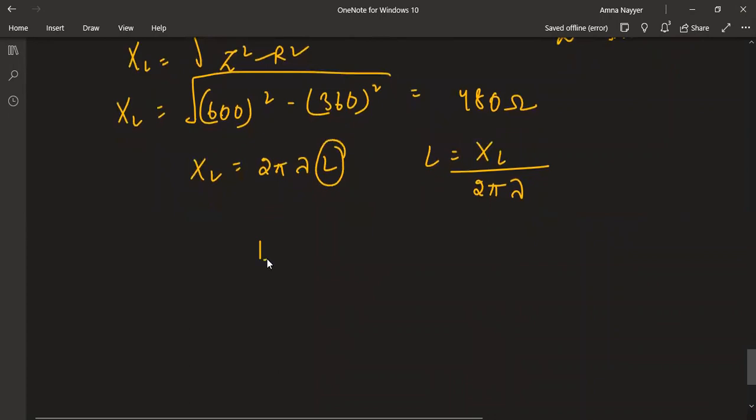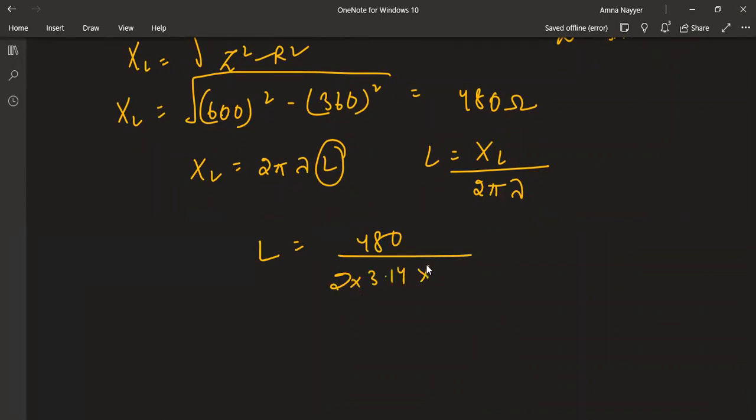So L will be 480 by 2 pi, pi is 3.14, frequency is 60 hertz. Let me check the answer for this. The answer is 1.273 Henry.